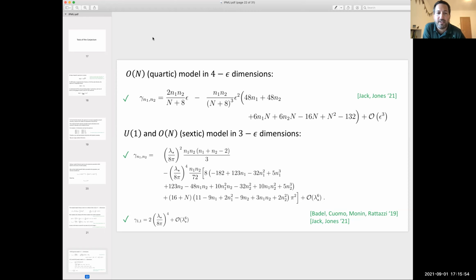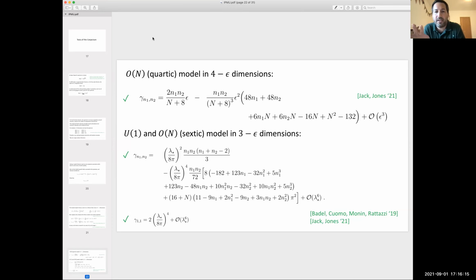There's a slight subtlety here. If you look at the sextic model, the leading term is a 2-loop term, and it vanishes when N1 equals N2 equals 1. So certainly for N1, N2 bigger than 1, the spectrum is convex because you see this positivity of the leading term. You can ask, is it fully convex?